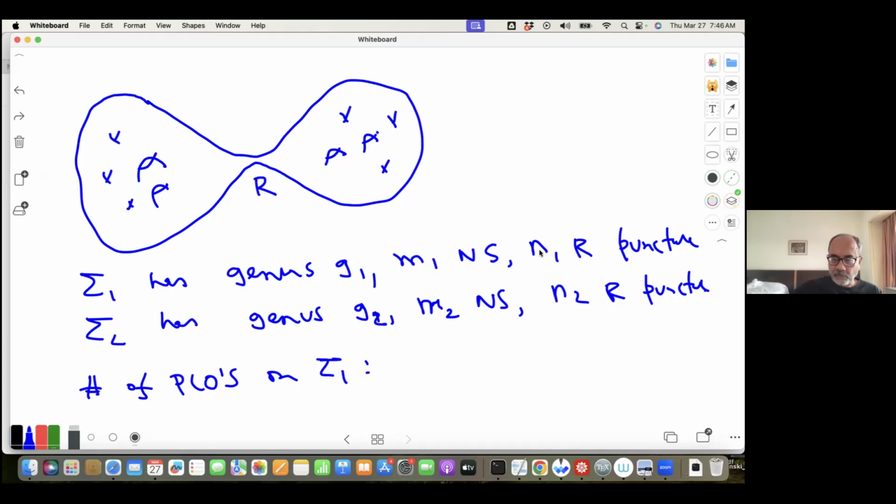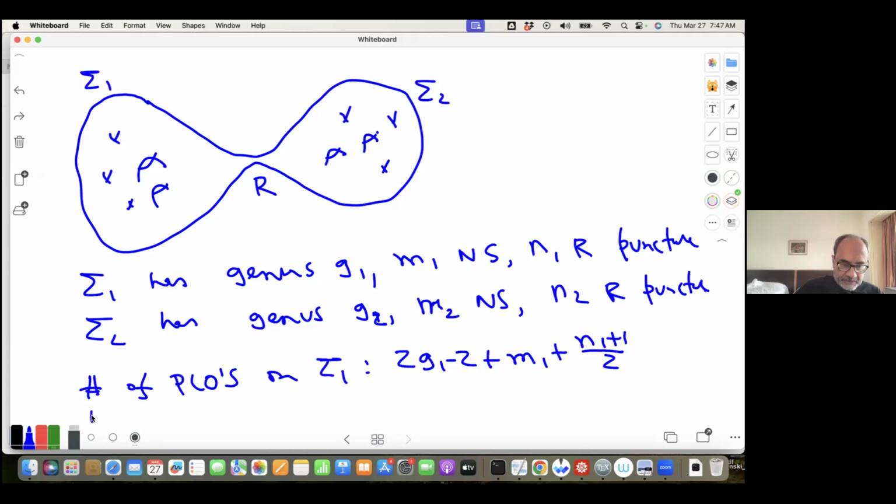So there will be N1 plus 1 Ramond punctures on this side. So the number of PCOs on sigma 1 will be 2G1 minus 2 plus M1 plus N1 plus 1 by 2.